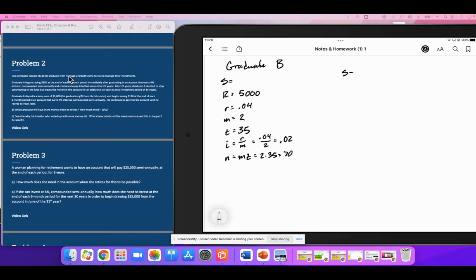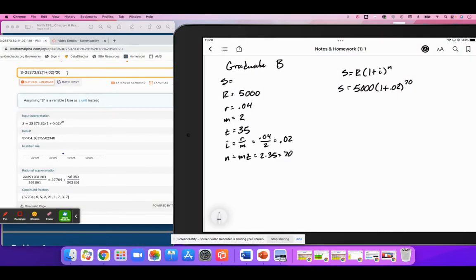The compound interest formula is S equals R times 1 plus I to the power of N. So S equals 5,000 times 1 plus 0.02 to the power of 70. Let's see what we got: $5,000 times 1 plus 0.02 to the power of 70.